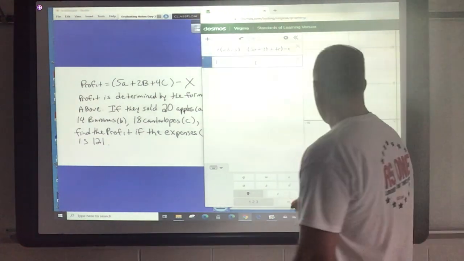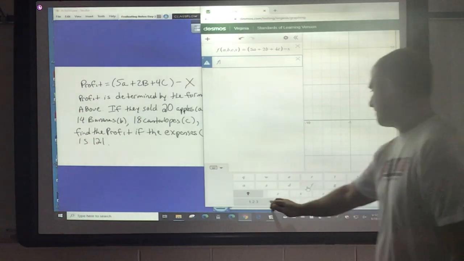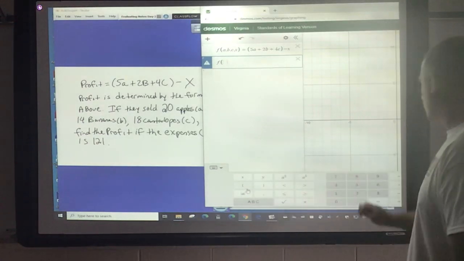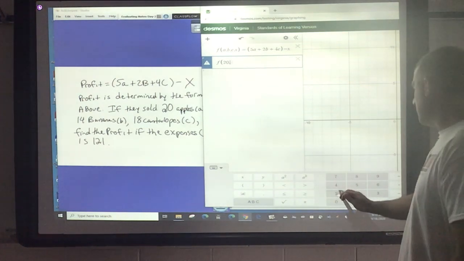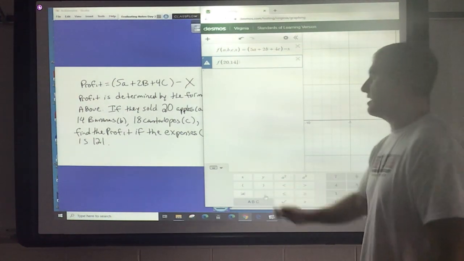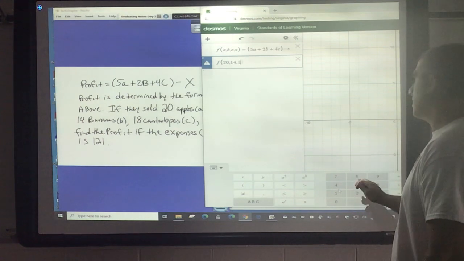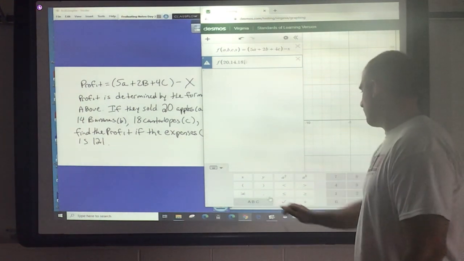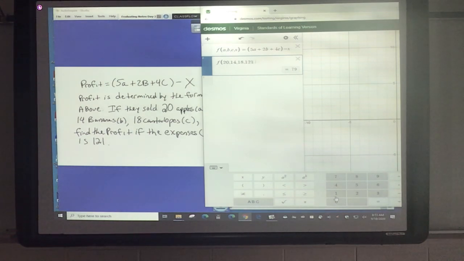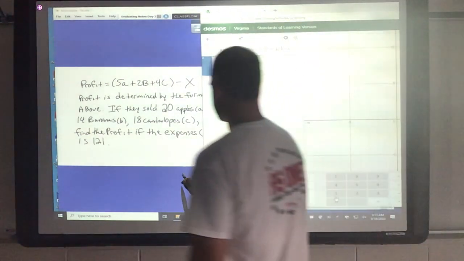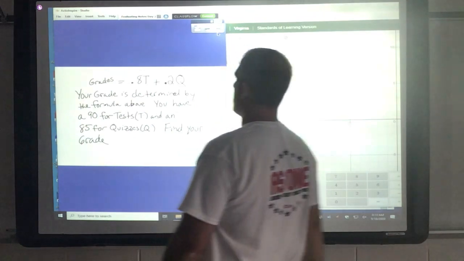And now I got to put in the values. F, parenthesis, A is 20, B is 14, C is 18, and X is 121. And you get an answer of 79. All right, last problem here.